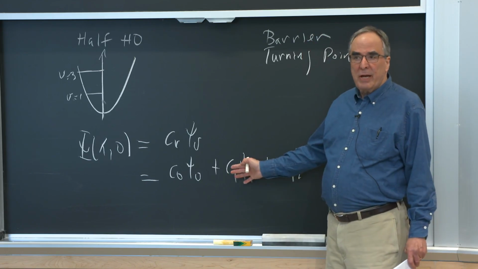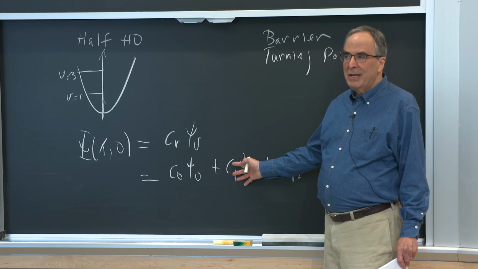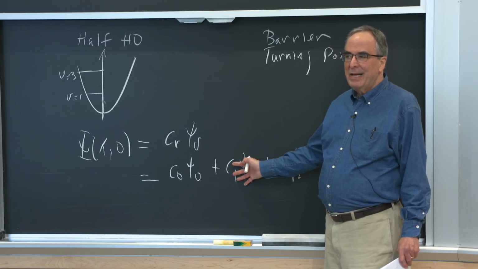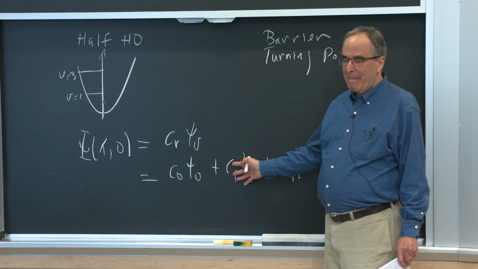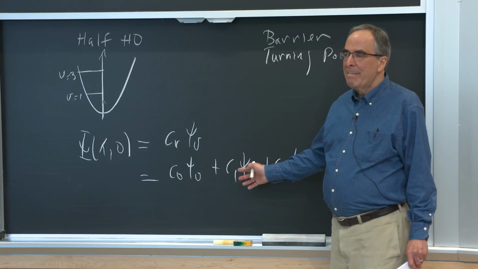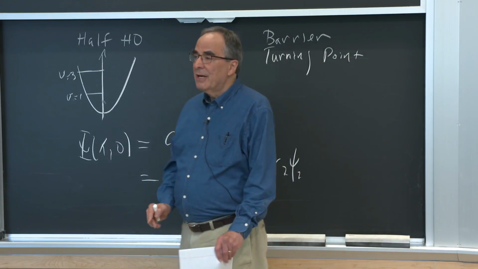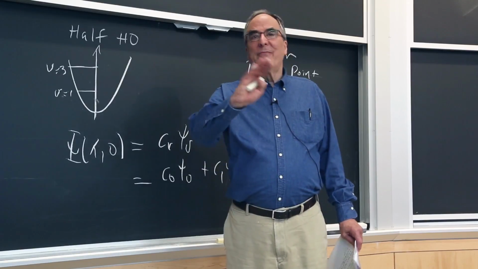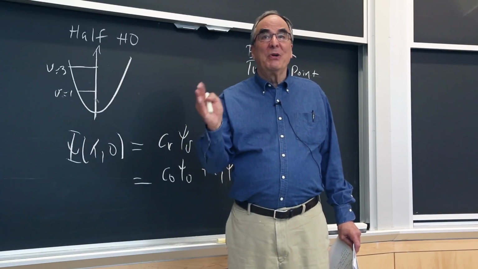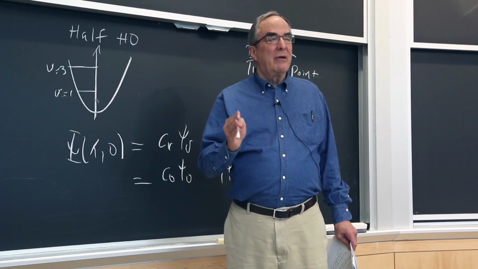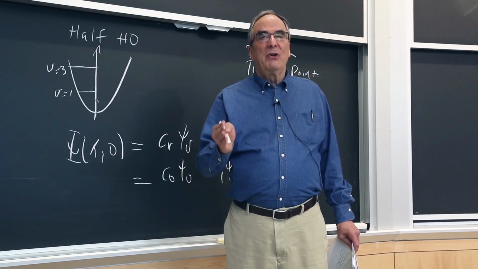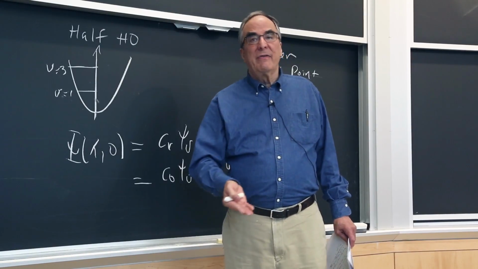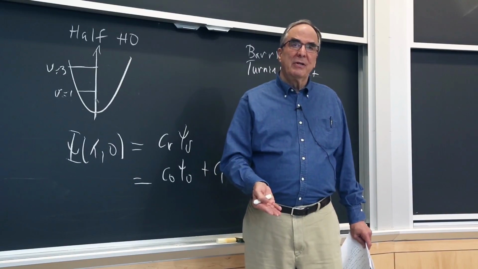Okay, this guy is okay. Yes? When you create the states in the half harmonic oscillator, do you have to rescale them so that they normalize? Yes. We play fast and loose with normalization constants. Whenever you want to calculate anything, you're going to divide by the normalization integral.